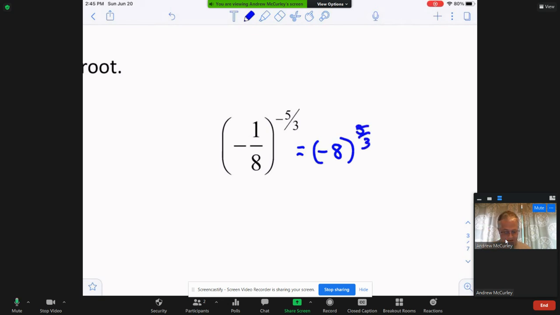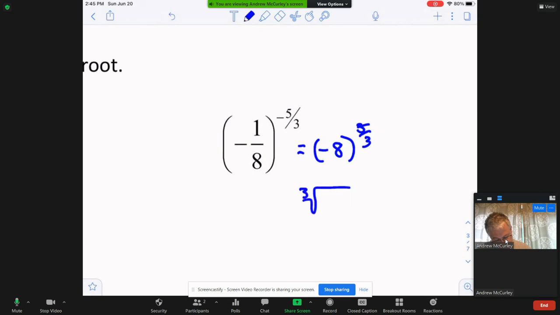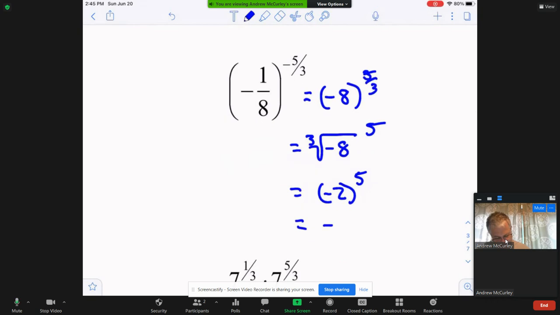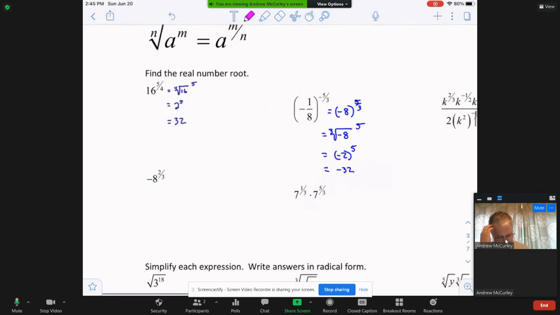Now I take the cube root of negative 8, which is negative 2, to the fifth power. And now I have negative 32. So you have to think these through, and work it through whichever way you want, whether the radical or the exponent.